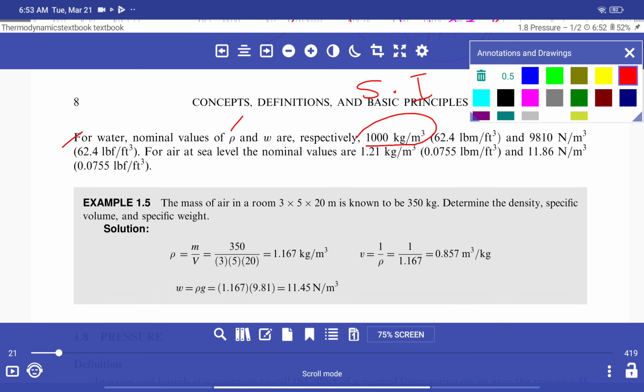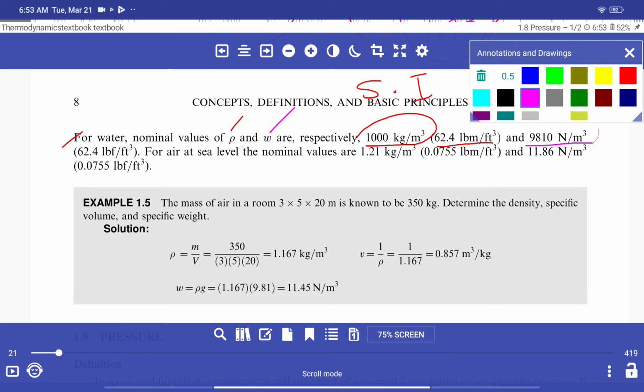And for the English system, you have 62.4 pound mass per cubic feet. That's for the density. For the specific weight, the normal value for water is 9810 Newton per cubic meter.